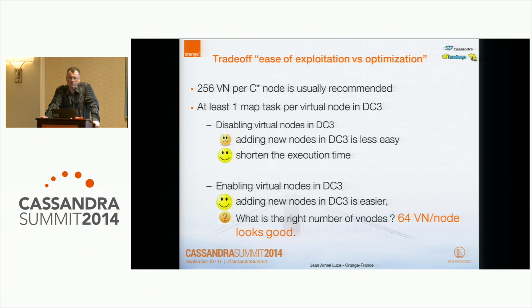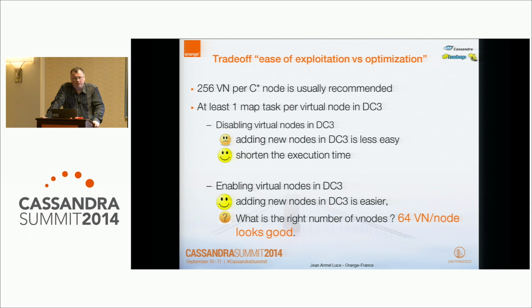So if you have 256 virtual nodes per Cassandra node in the third data center, you will have at least 256 map tasks per node, which is a lot. It's too much.